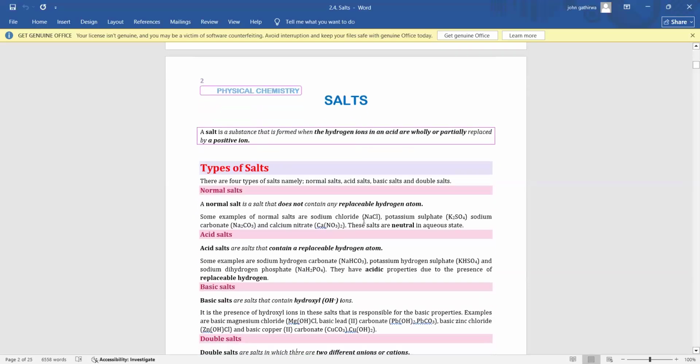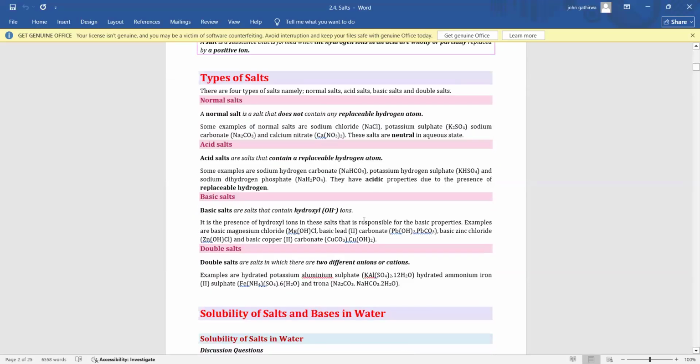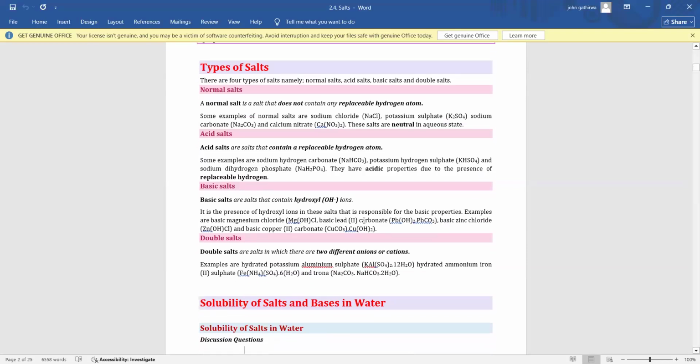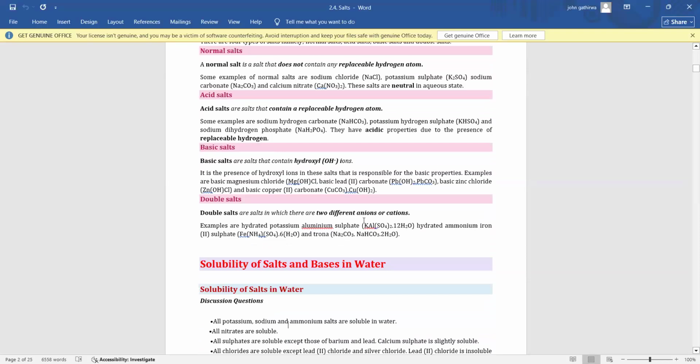So we can continue looking at the solubility of salts and bases in water. For solubility of salts, we need to know that mostly the salts are in four types, according to the anionic part of a salt.